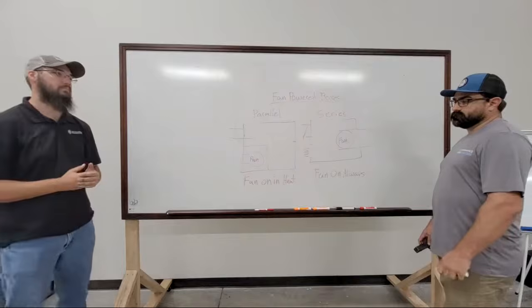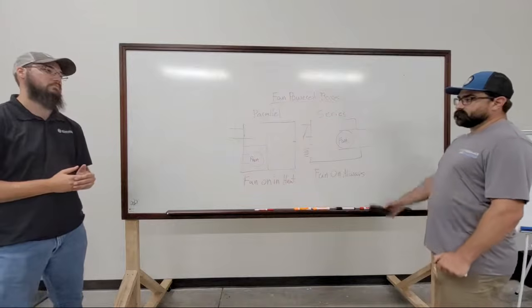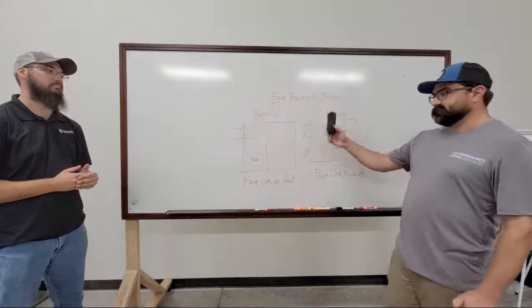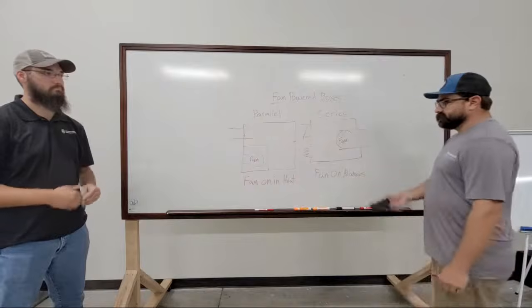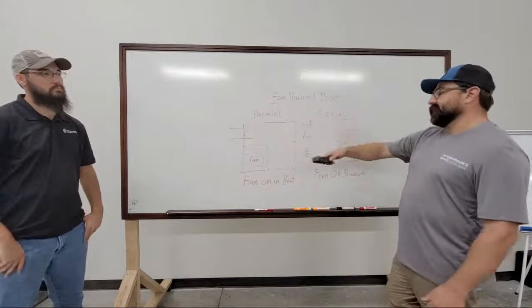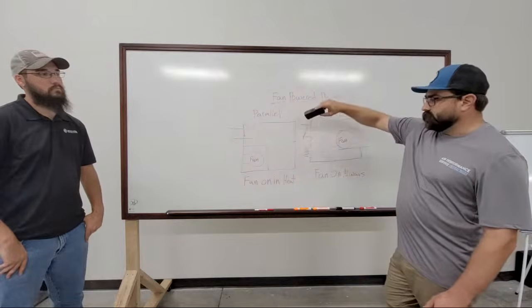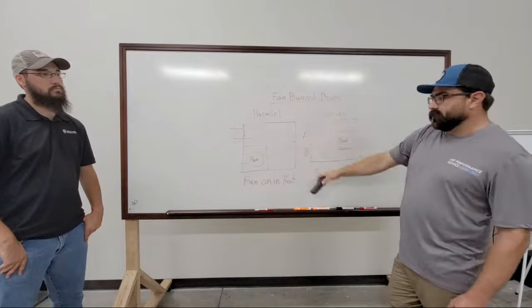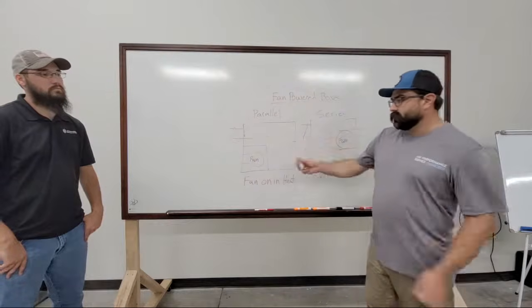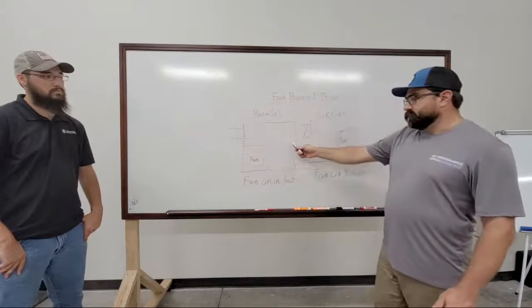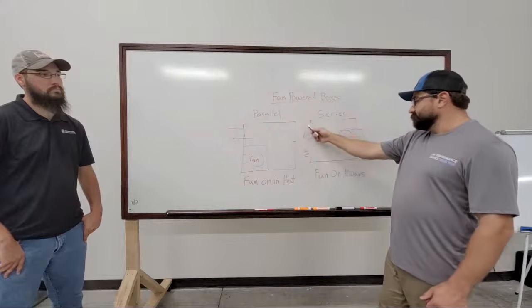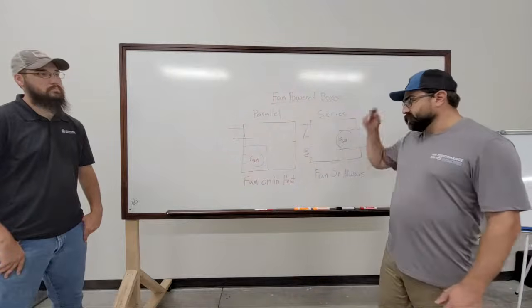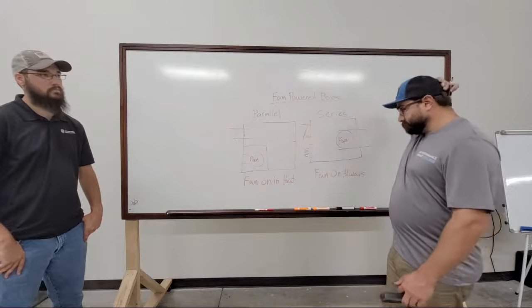Plus you can maintain lower static pressure with a series system than a parallel, because you get the draw-through effect. You don't have to have as high a pressure in your supply duct as you do with the parallel, because with a parallel you're always pushing pure CFM through the box, whereas with a series you've actually got a draw-through effect as well.